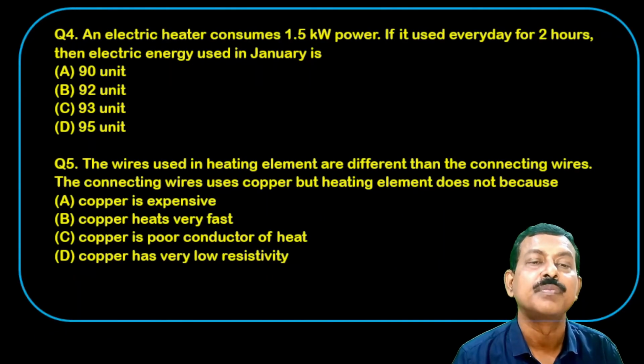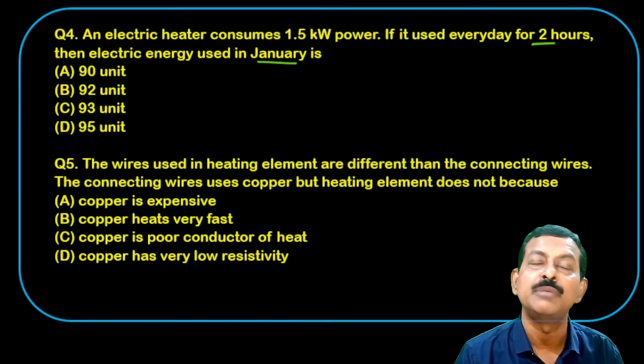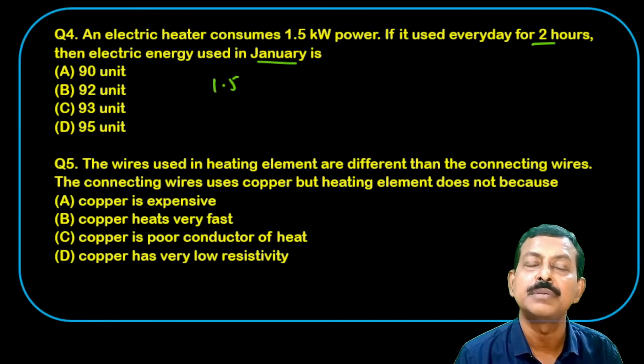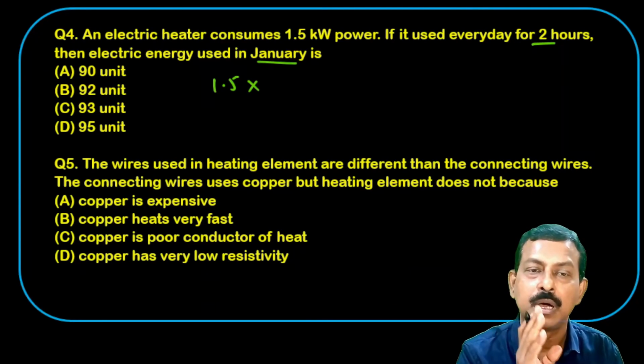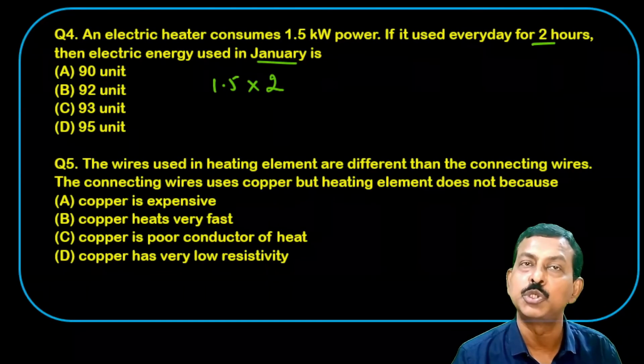Next question. An electric heater consumes 1.5 kilowatt power. If it is used every day for 2 hours, then the electrical energy consumed in January. Now, if you take the energy consumption, it is in kilowatt hour. So it is 1.5 kilowatt being used there, and it is being used every day for 2 hours, so it is multiplied by 2.